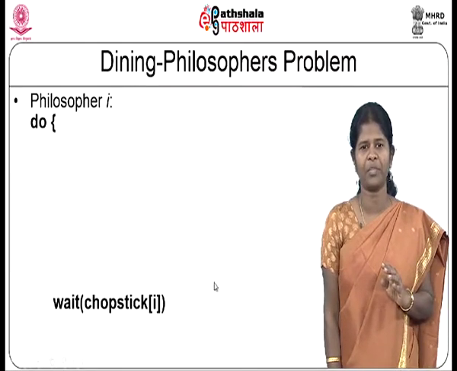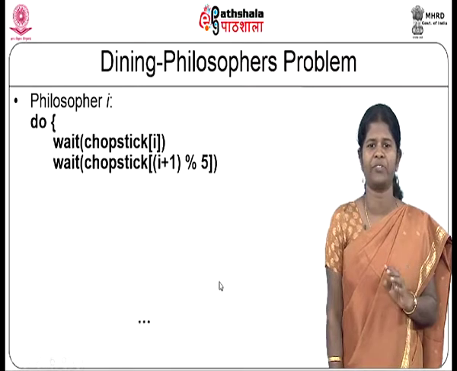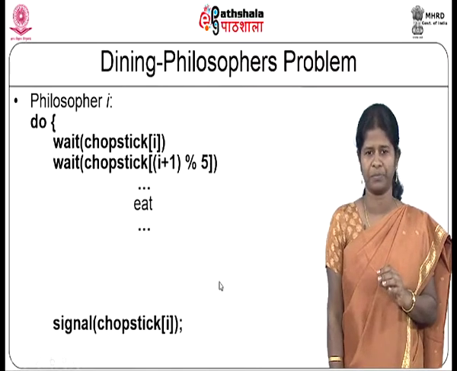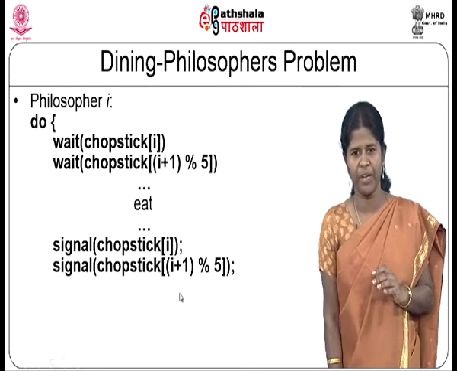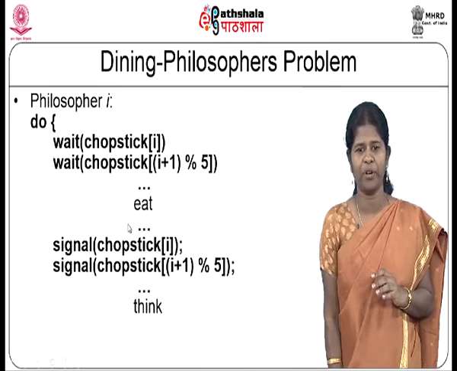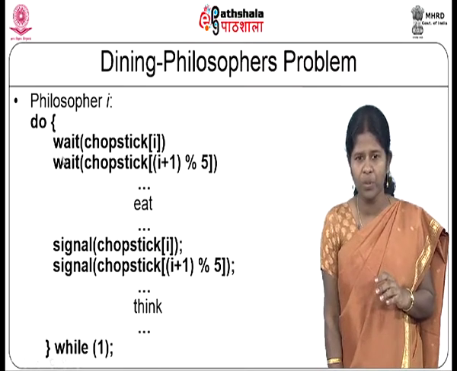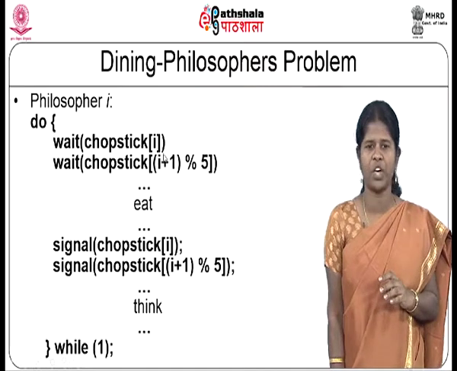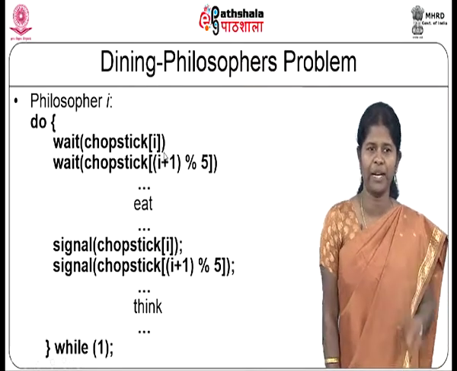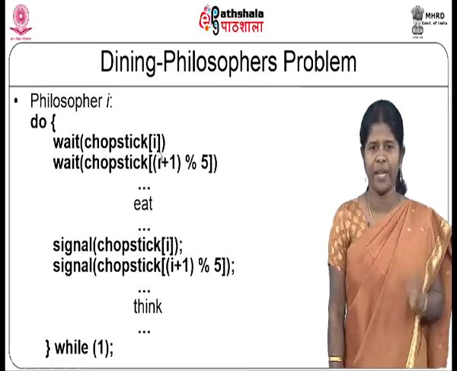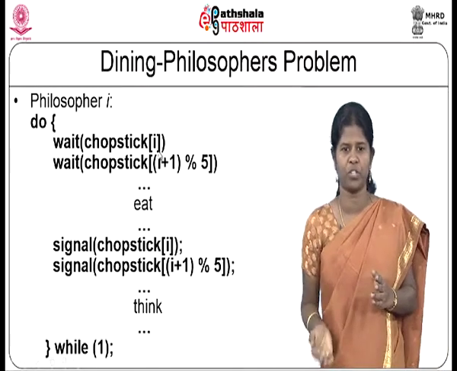So the algorithm for any philosopher will look something like this. Before dining, the philosopher will have to wait on a chopstick. Maybe he will wait on the leftmost chopstick and then on the rightmost chopstick.